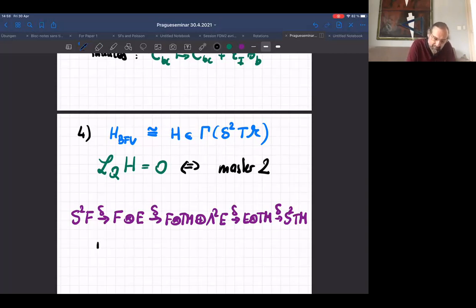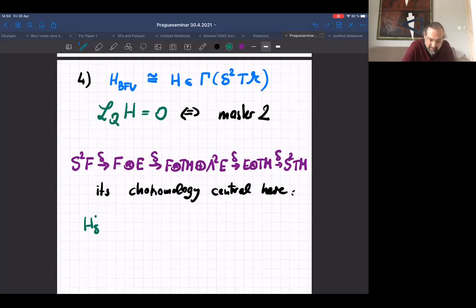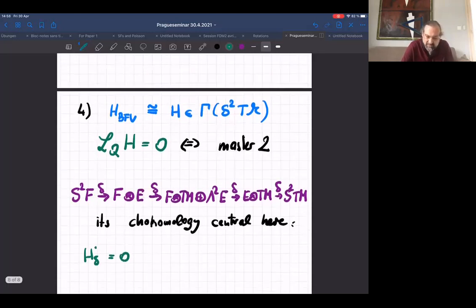So one statement is, as mentioned, if H delta is 0, where delta is the differential in this complex, then it implies that there exists this BFV extension.